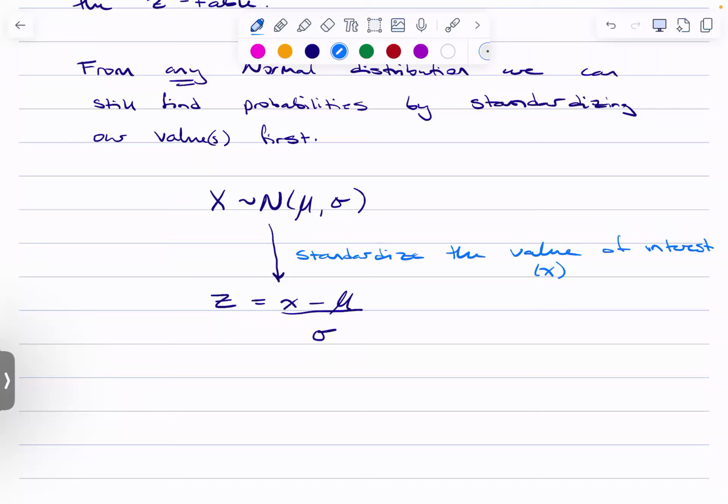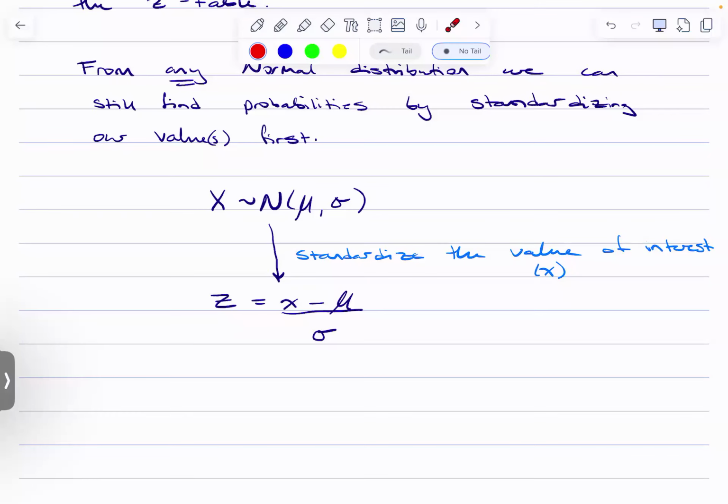And little x came from a population of big X, if you want to dive deep. So now this X is going to just morph down onto the standard scale.